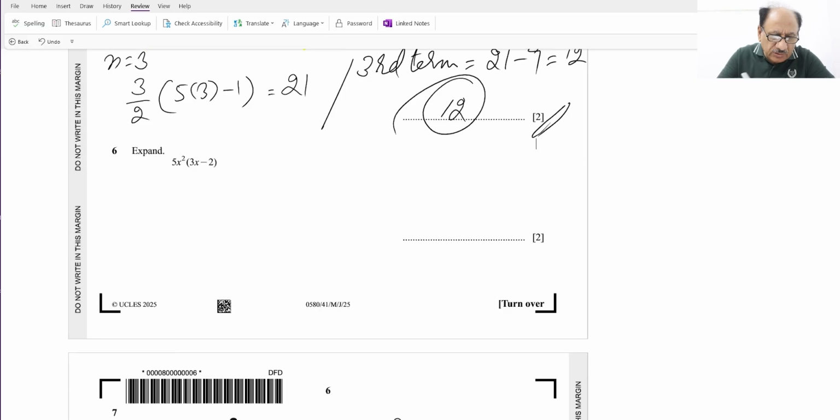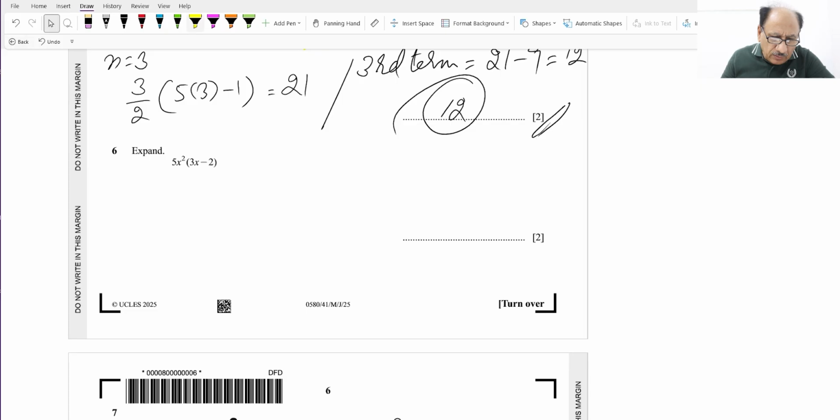Now we can move to question number 6, and question number 6 says expand. We need to expand this. So if we are opening this, we will be multiplying 5x square into 3x first, and 5 into 3 will be 15, so it will be 15x cube, and then we'll be multiplying 5x square with minus 2, and it will be minus 10x square.